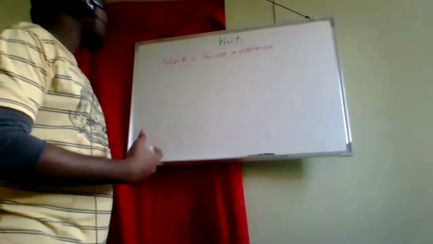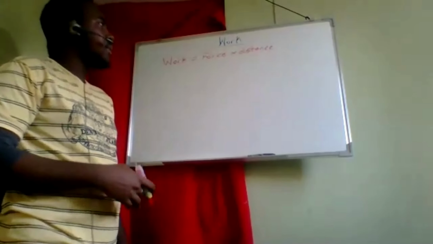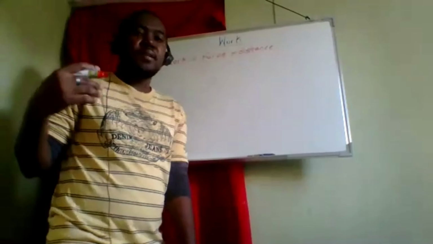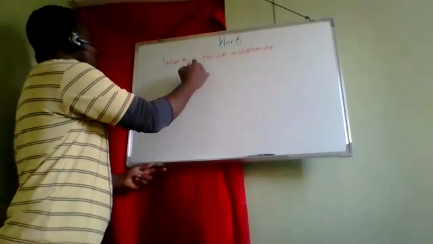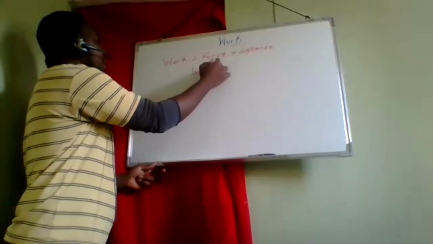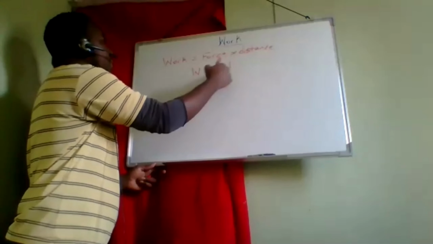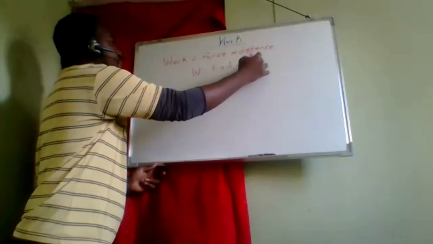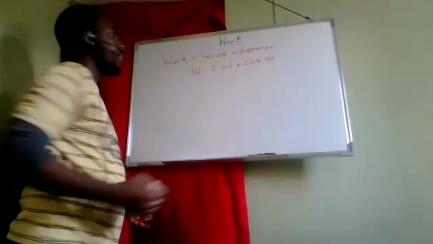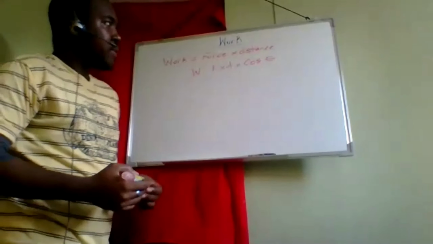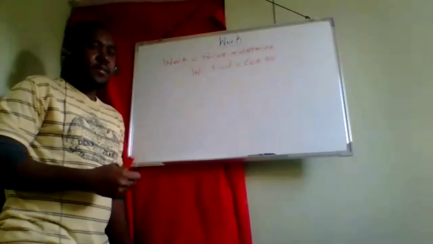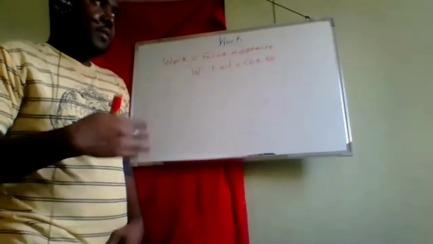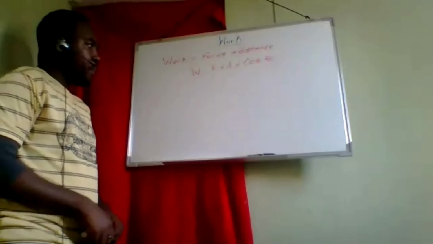So work is equal to force times distance, where the distance is the distance the force is going. But we can also have this equation, force times distance times cos theta. The cos theta part actually simplifies what work is and gives us a better understanding of work.